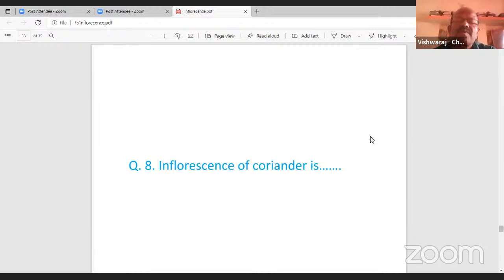Then next question: inflorescence of coriander, Kothambir. Inflorescence of coriander is umbel or umbels.